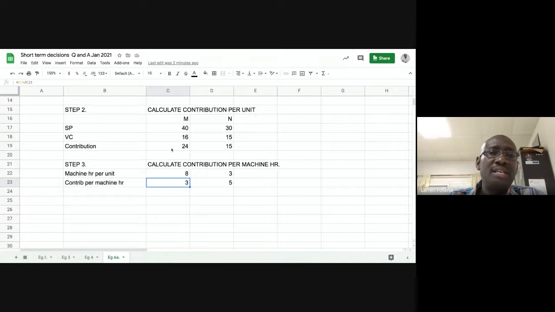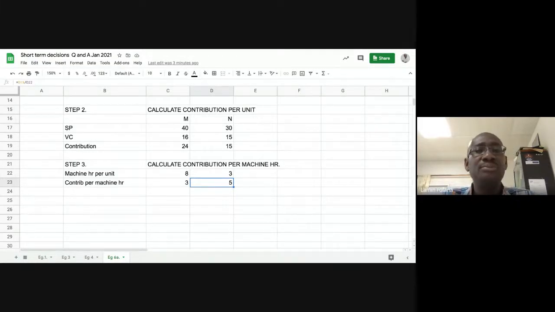We simply take the contribution per unit for each product divided by the machine hour per unit. So that's exactly what we have done here. As you can see on the formula here, it is equals C19, which is the contribution per unit for M, divided by C22, which is the machine hour per unit for M. Okay, we do the same thing for N. Is that clear now, Rabiatu?